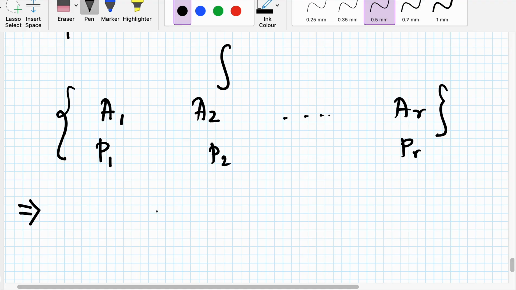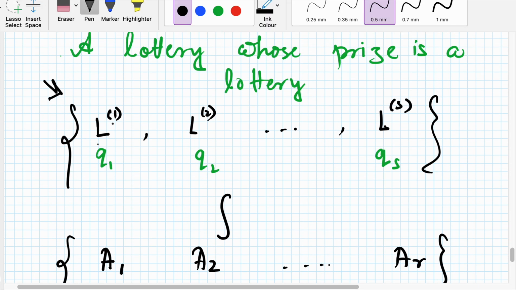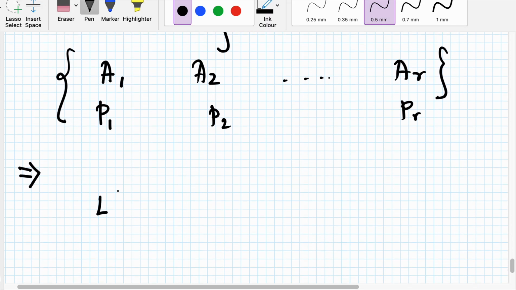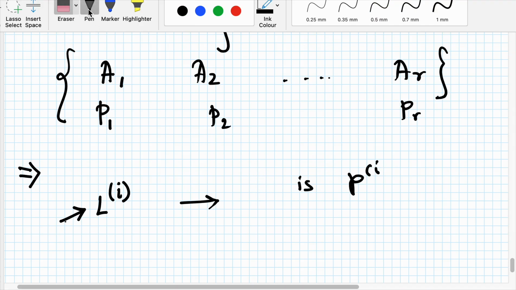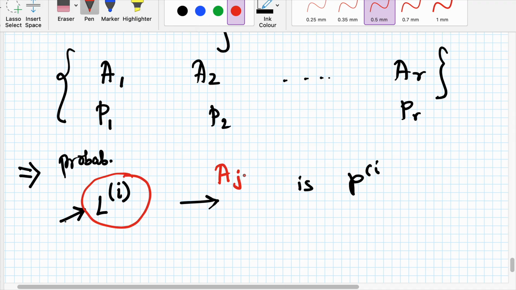What does this probability law say? In the lottery LI, the probability that the prize will be AJ is nothing but PIJ.